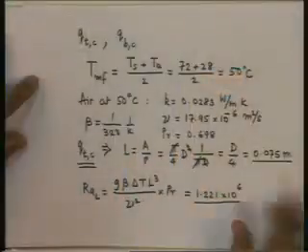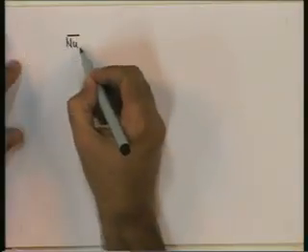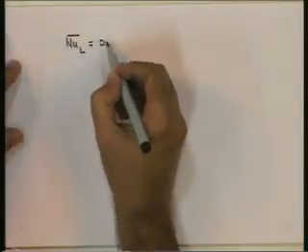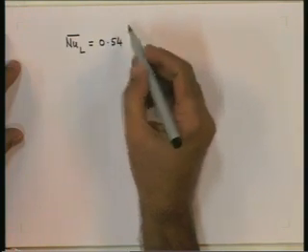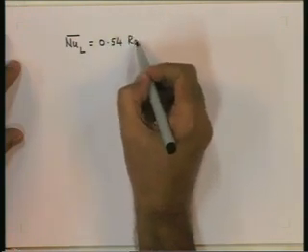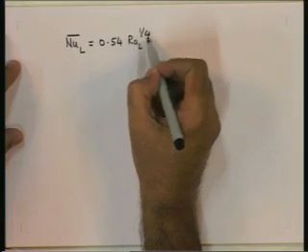After having computed the Rayleigh number, we use the correlation for the heat transfer from the top in that range, and that turns out to be Nu bar L is 0.54 into Rayleigh based on L raised to 1 by 4.